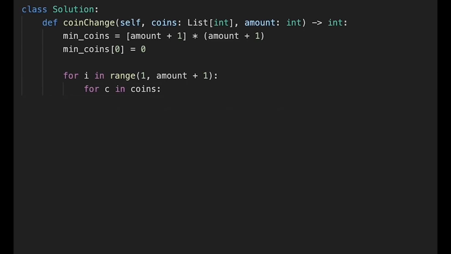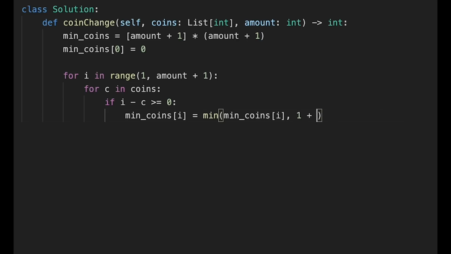And then, as I told you, if current amount minus current coin is greater than or equal to 0, it's time to update. So min coins at the current amount should be i equal to min, and we use this as the first value, and the other is, we use a new coin, right? So that's why 1 plus, so we have to check the previous result.